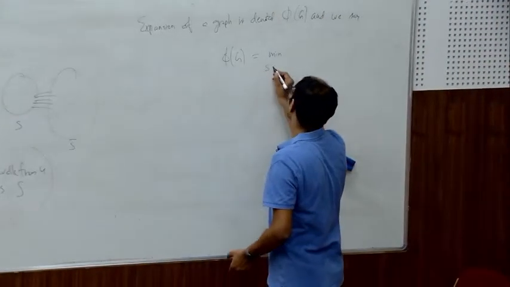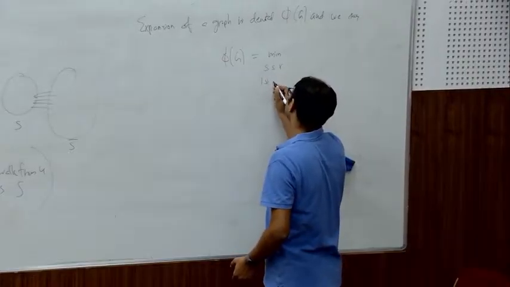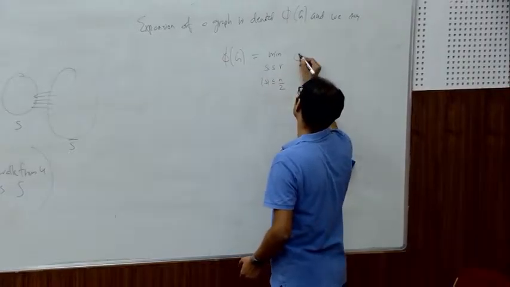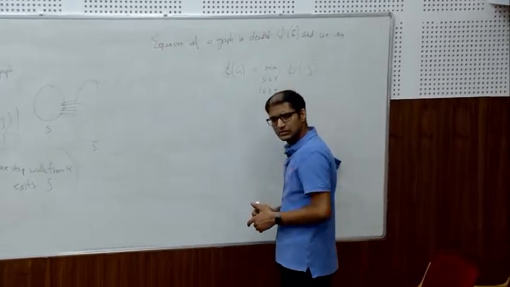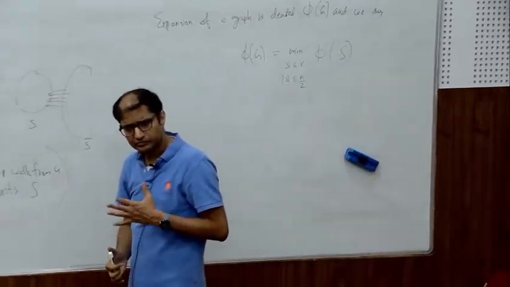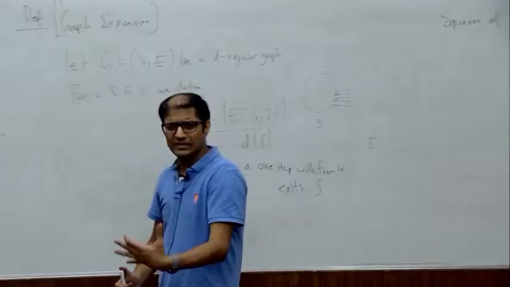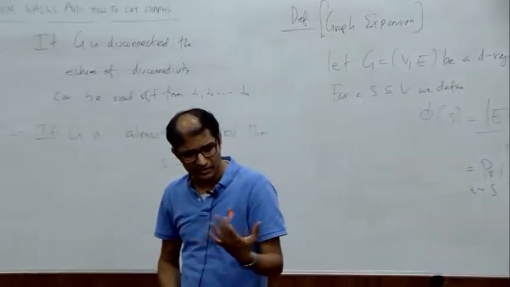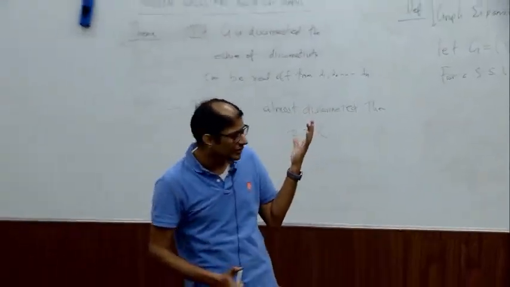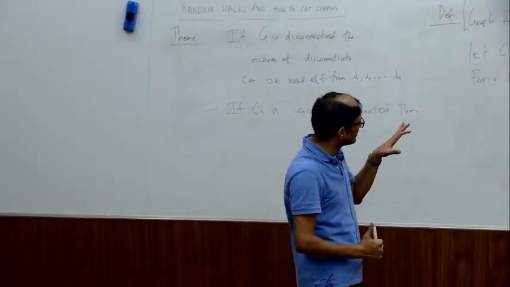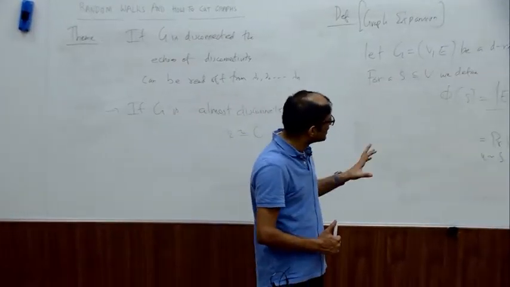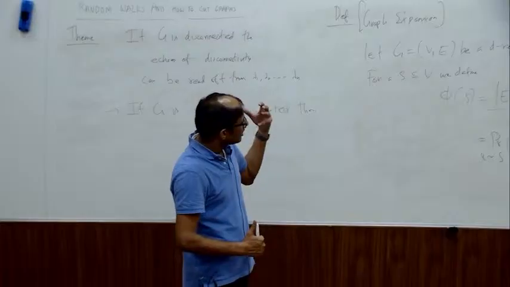So it's the minimum over all subsets of vertices of size at most n over 2 of phi of S. That's expansion. It's a very important quantity to understand. The reasons are deep, essentially related to Cheeger's inequality that I will state very soon. I'll be able to also tell you what almost disconnected means.